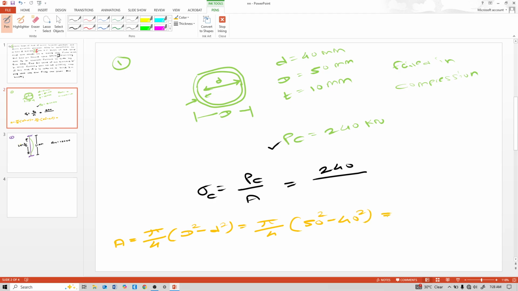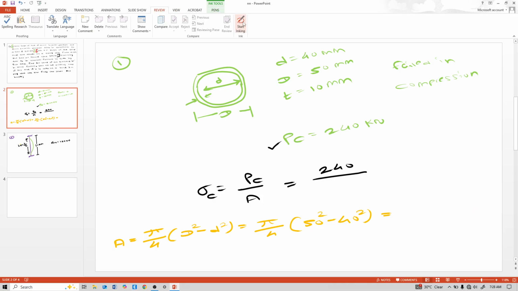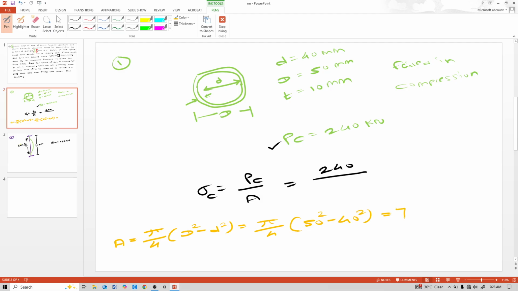So therefore pi by 4 into 50 square minus 40 square, it is 706.858. And unit is mm square.